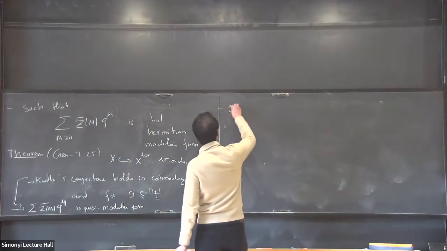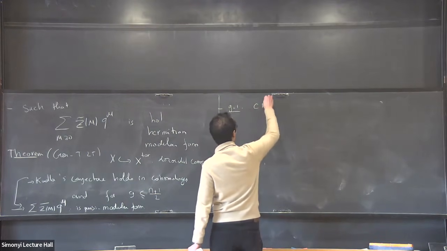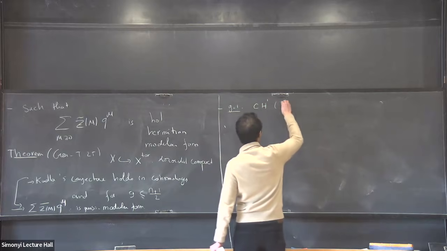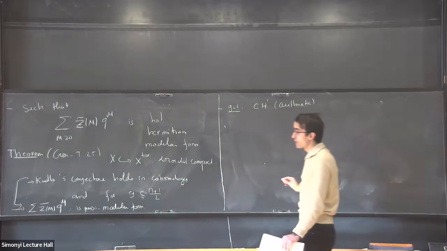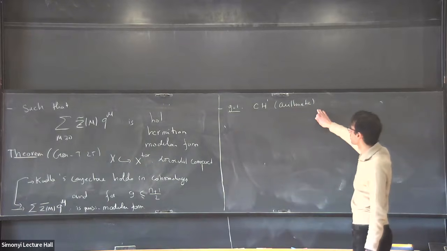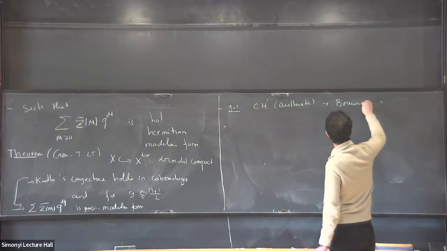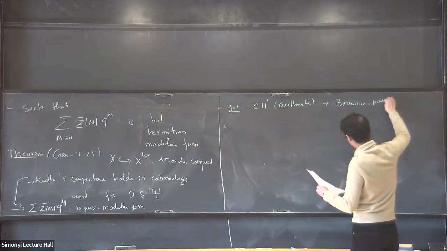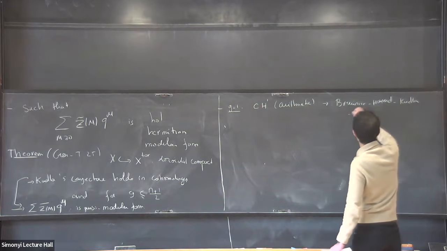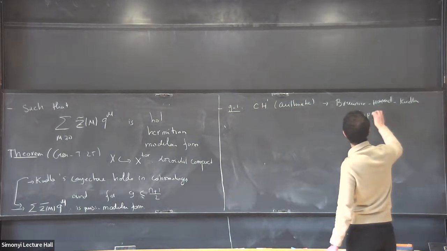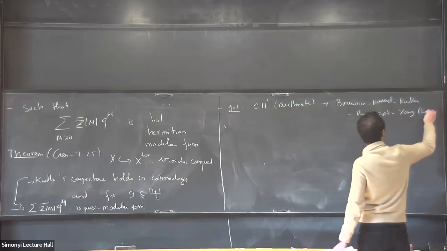For g equal 1, even in codimension 1, even arithmetic codimension 1, where you insist on defining all of this data over some number fields and consider arithmetic Chow groups, this was known by work of Bruinier, Howard, Kudla, Rapoport, and Yang from 2020.